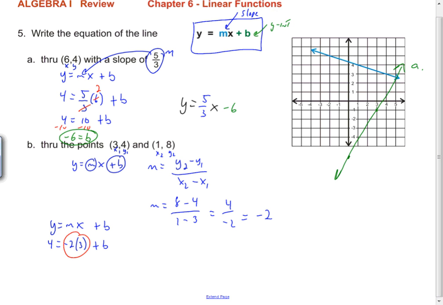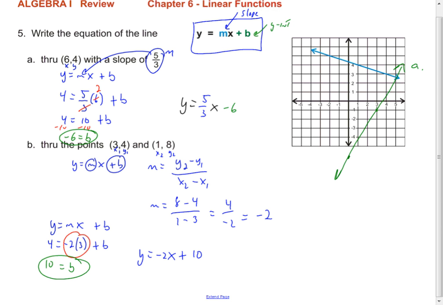This is a negative 6, add a positive 6 to both sides. 4 plus 6 is 10. 10 equals b. Are you now ready to write the equation of the line? Sure. Y equals our m, negative 2x, plus our b of 10. And that one's off my graph, so I'm not going to go ahead and do that one. But that's where we would end up with that one, right?